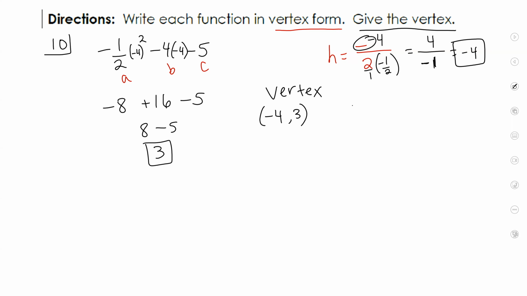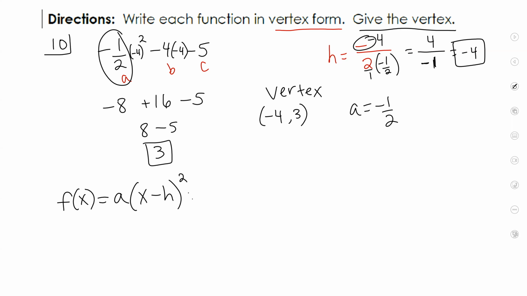And what was our a value? -1/2. That's right up here. That's your a value. So let's go ahead and put it in vertex form. Vertex form looks like this: a times x minus h squared plus k. So our answer will be negative 1/2, that's our a value, x plus 4 squared plus 3.